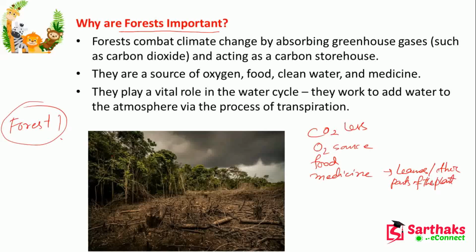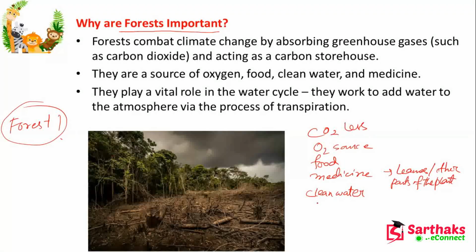And we can get clean water. Why? Because the soil is attached to the root. That's why we are getting the clean water.